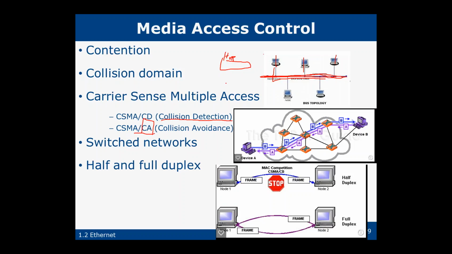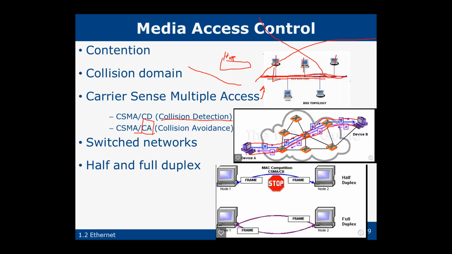Switched networks don't have this problem. A switched network creates a dedicated path, and it is full duplex. It's like an interstate, not like a 1-lane highway that we have up here, where you can only do one thing at a time.